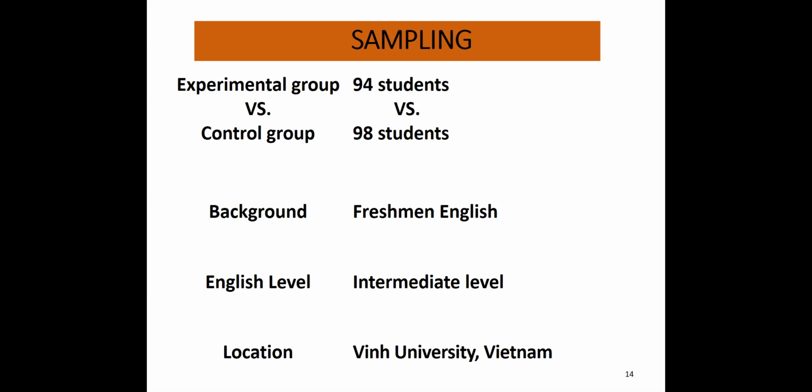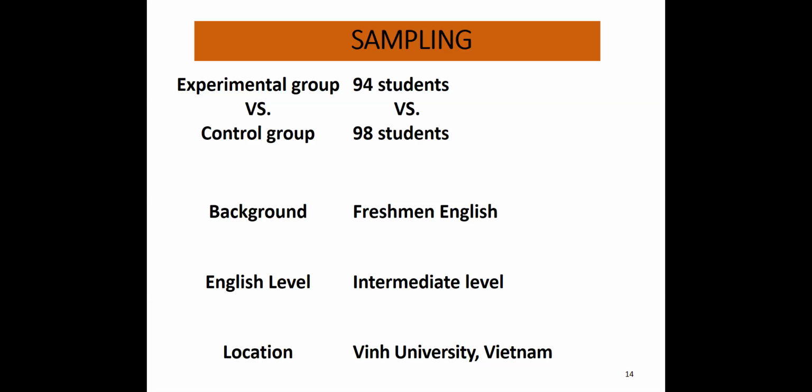Come to the methodology. First of all, I want to introduce the sampling here, or the participants. So I have created two groups. The first one is the experimental group with 94 students, and the second one is a control group with 98 students.